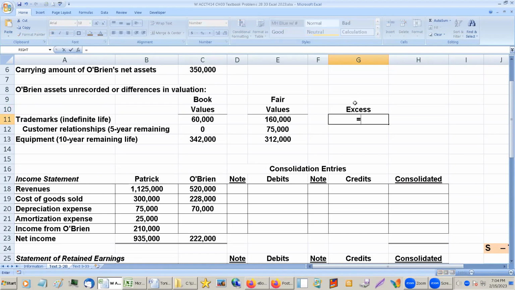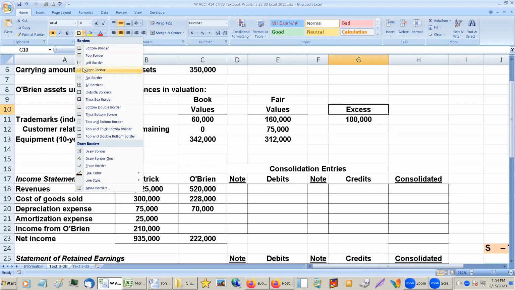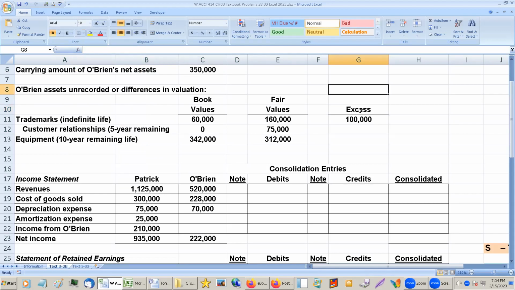All right, so for trademarks, the excess is 100,000. Customer relationships. They didn't have it on their books, but we bought them.